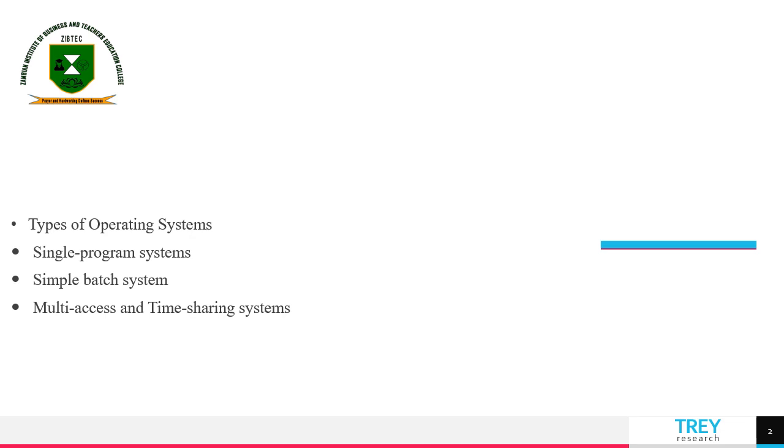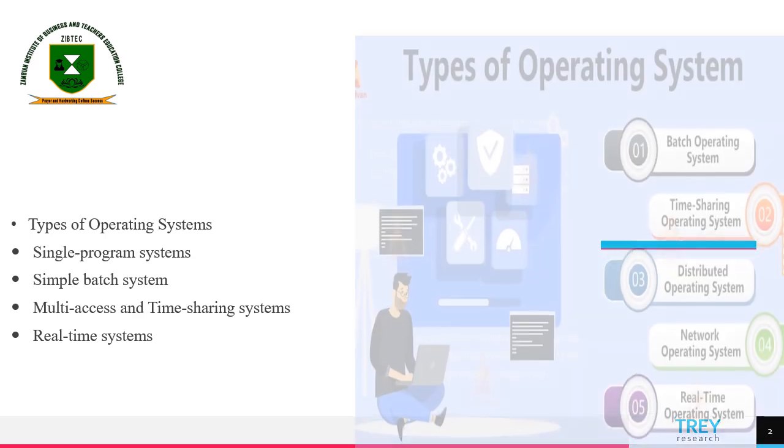Okay, so here I just added a few examples under operating system, so that it acts as a recap of the previous lessons, so that you don't forget where you are coming from. Okay, also real-time systems.